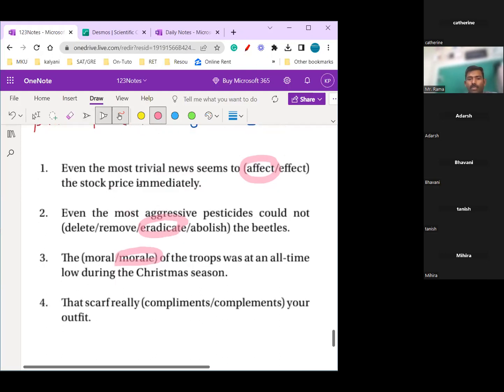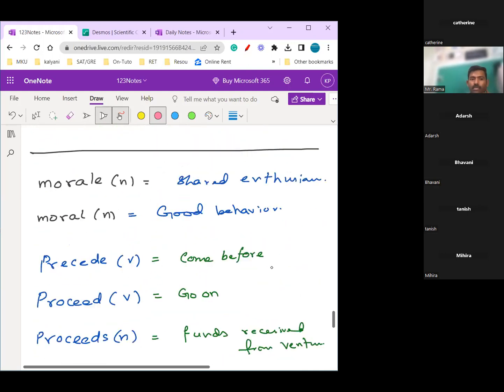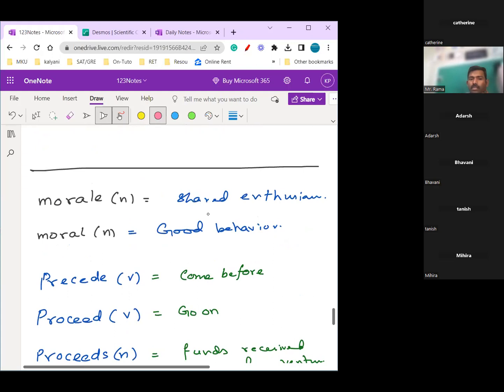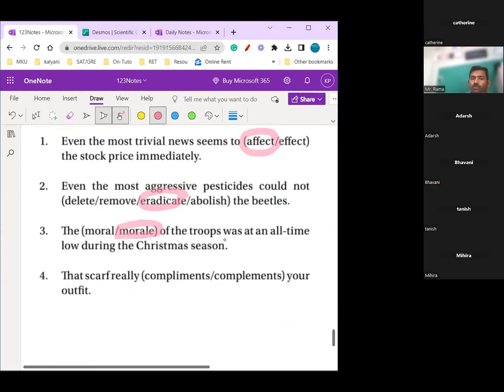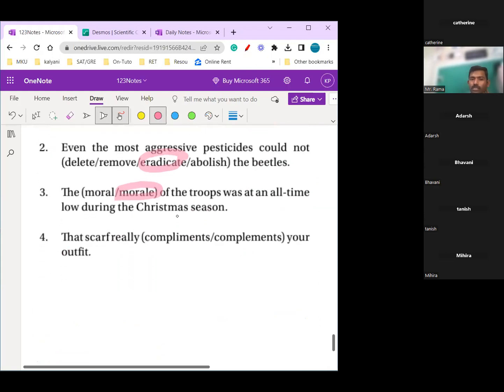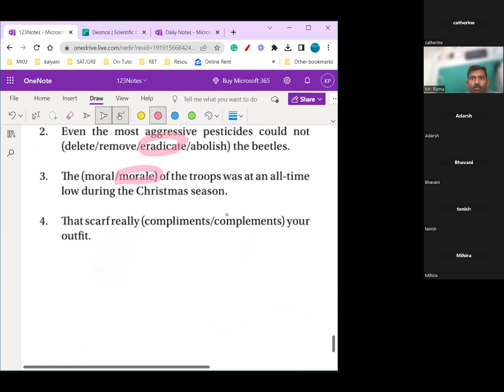The morale of the troops was at an all-time low during the Christmas. If I go back here, morale is a shared enthusiasm, and moral is good behavior. So you need to see which one fits. Obviously, morale is the right choice for this case. You have to be careful with these. That's the reason I gave you a list, so make sure you spend some time looking at that list and study it too.